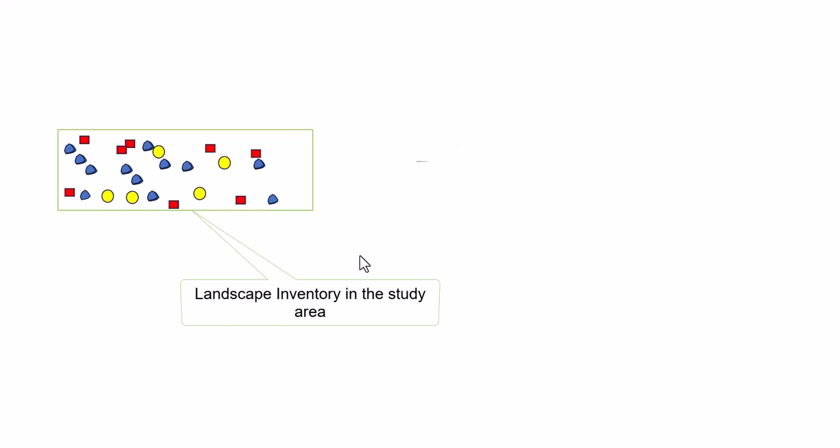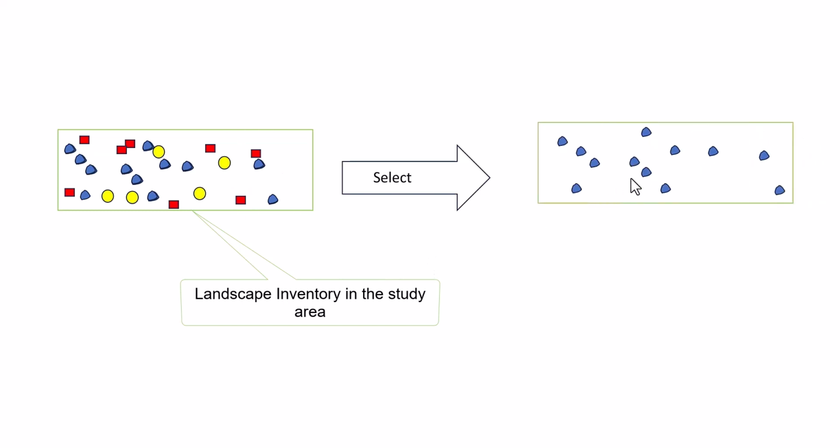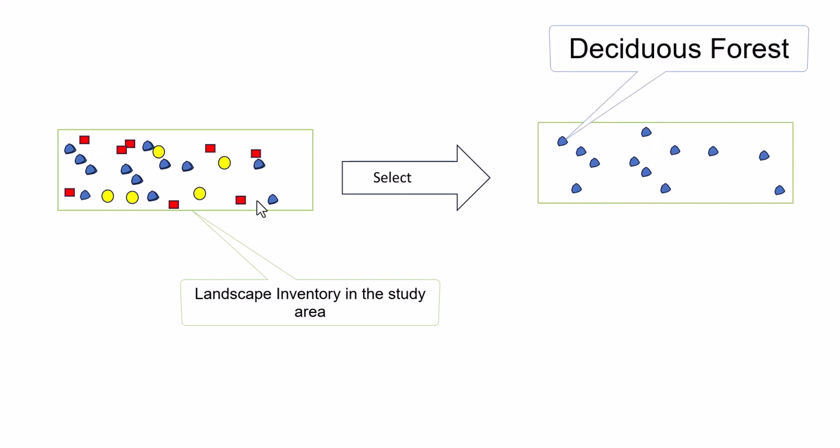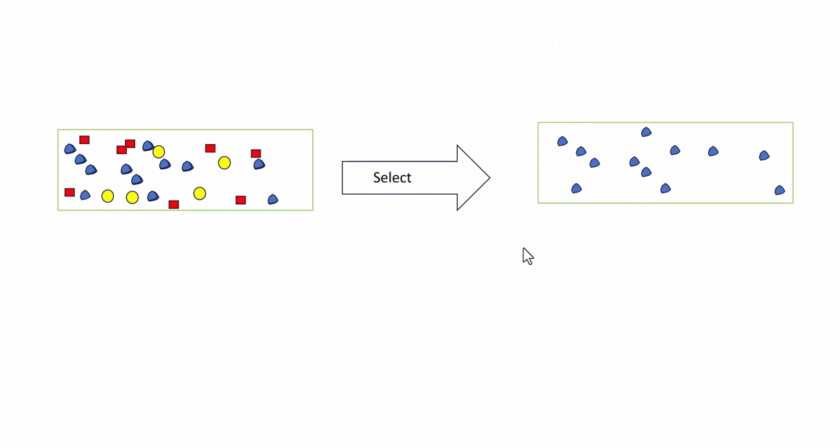Now we want to invoke the select tool, which would help us to filter only the vegetation of interest within our study area, which in this case is the deciduous forest. So what this model is going to create is the deciduous forest from the group of vegetation, rural and urban structures within our study area.